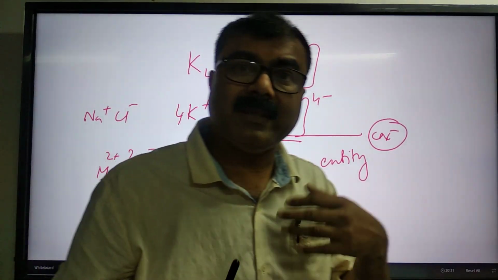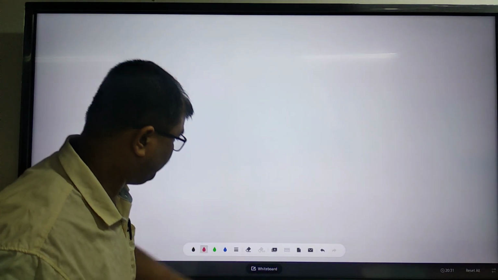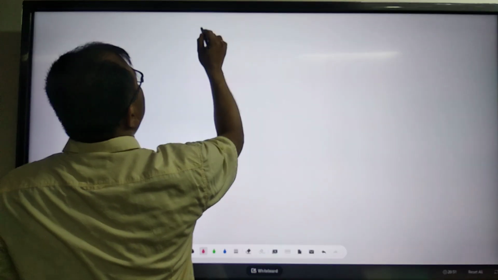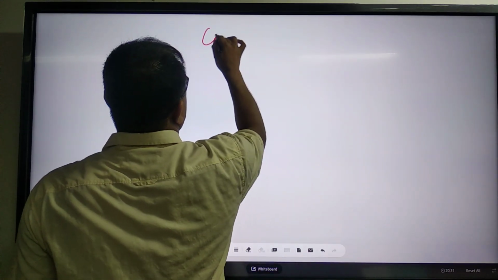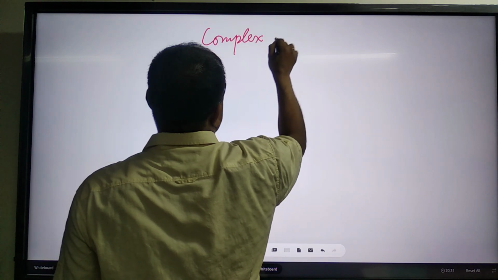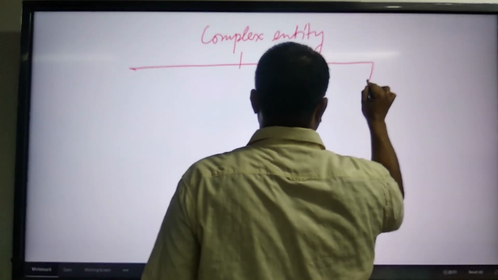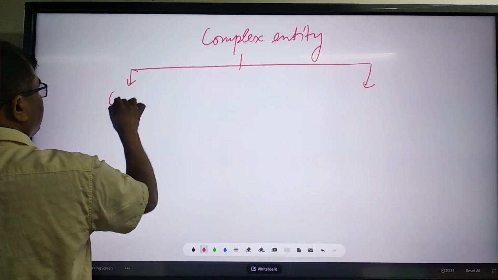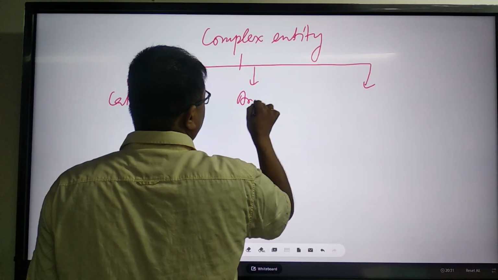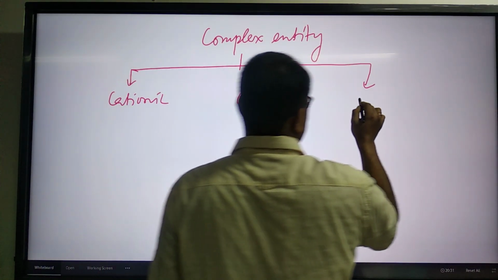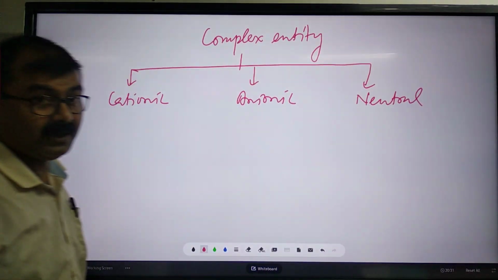A complex entity may be cationic, may be anionic, or may be neutral. Let me give you an example.